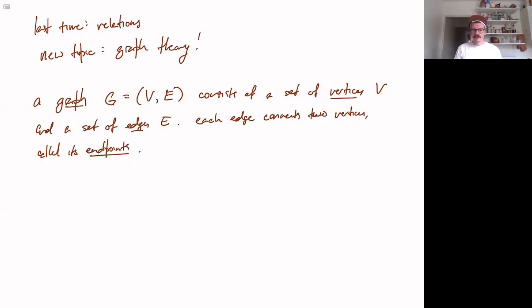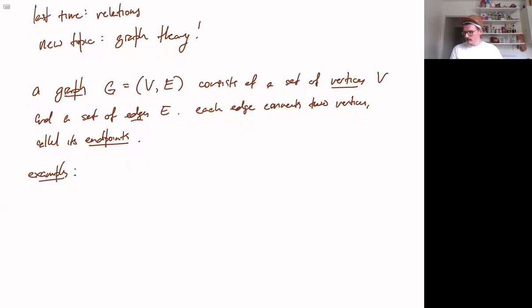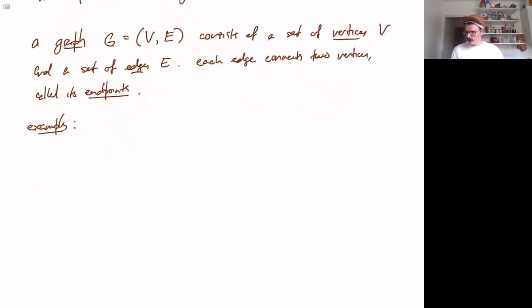So let's start right out with just giving a bunch of examples. So the complete graph, which is denoted Kn. So the complete graph on n vertices is the graph with all of the edges that you could possibly draw.